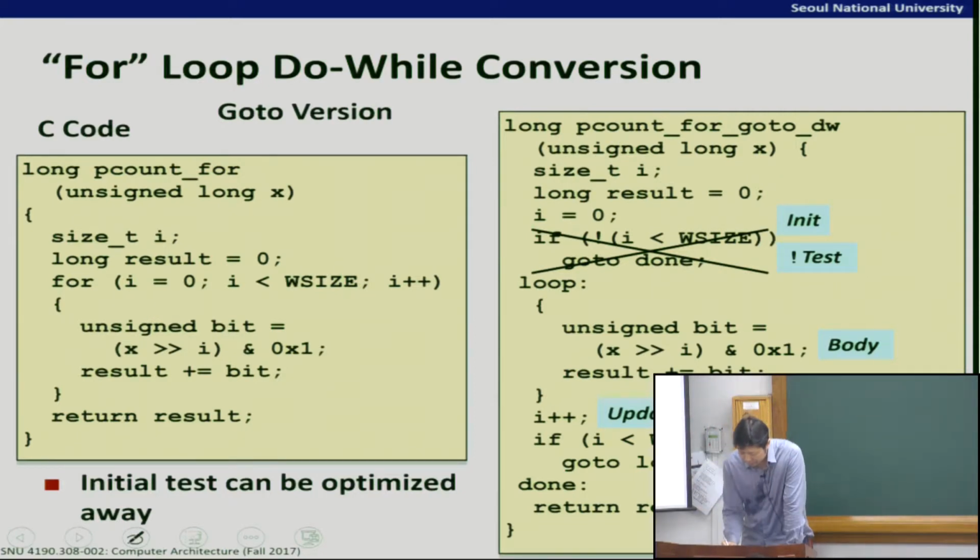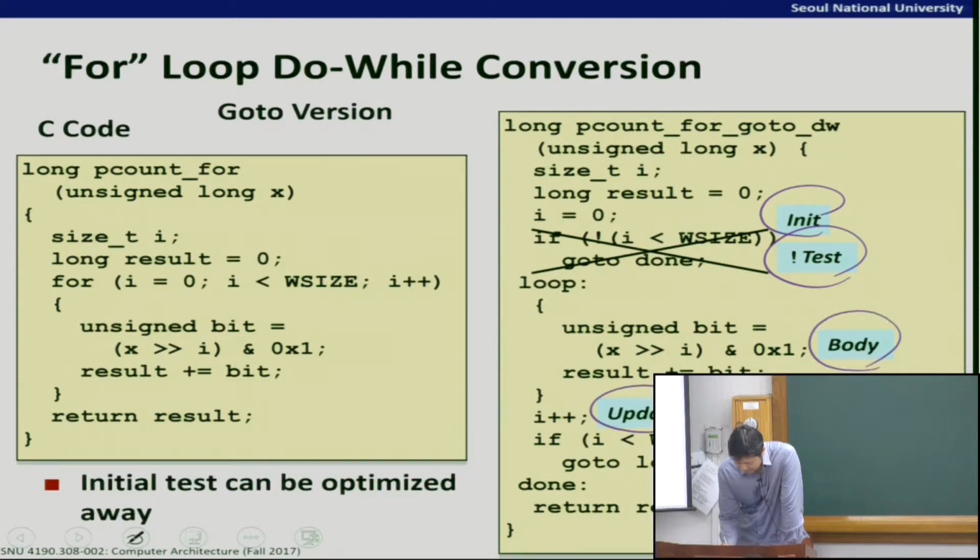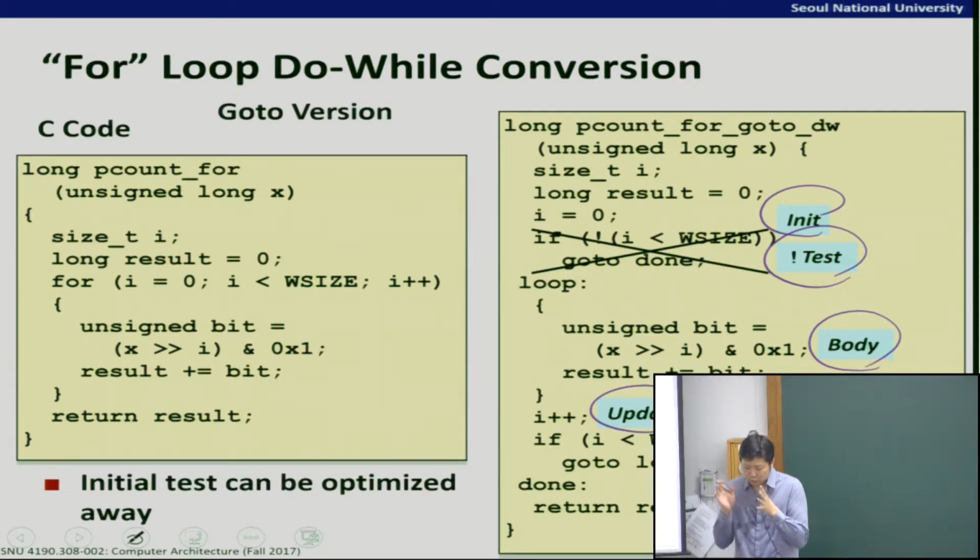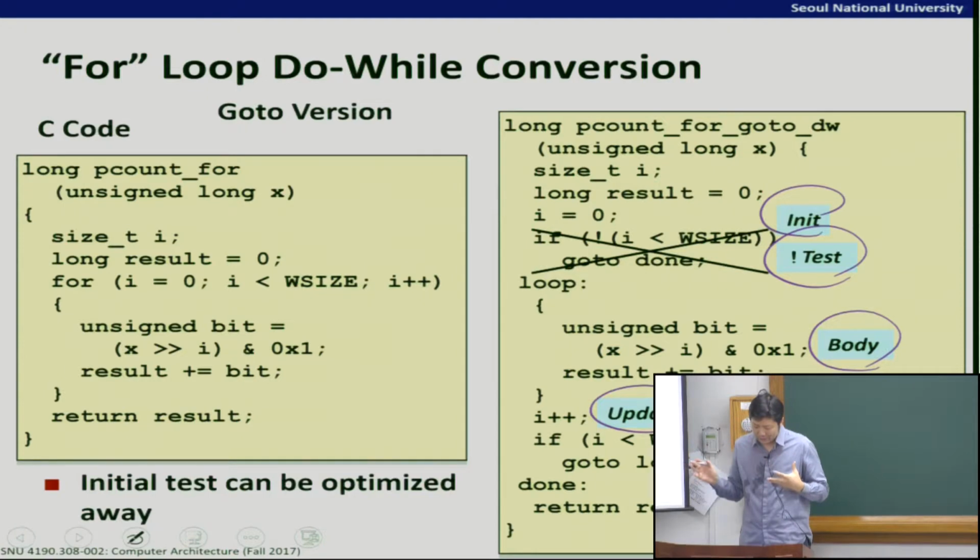Then this one will look like this. So initialization is here, the not test is here, and body, update, and test are placed here. Okay? So this is basically how we convert this while loop to do while, and do while to go to, right? So we went through several steps of conversion to get this version of the code.